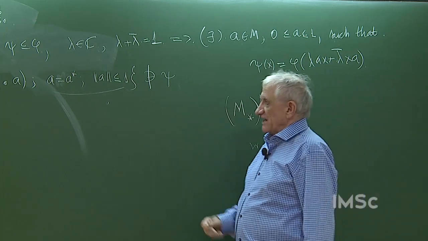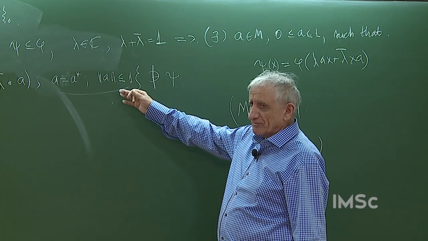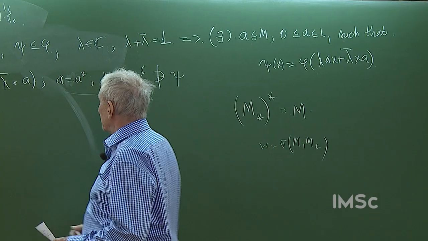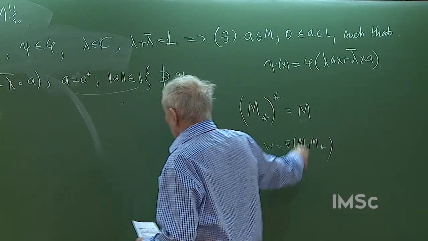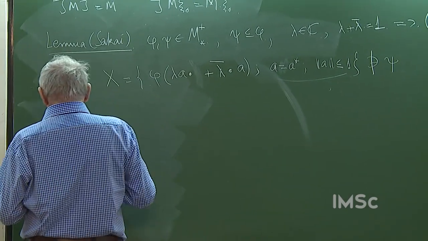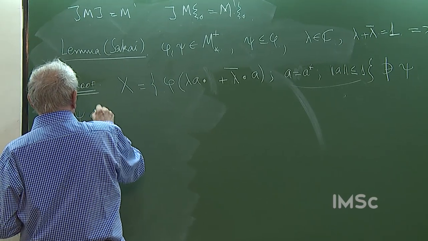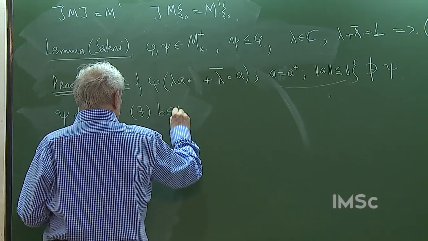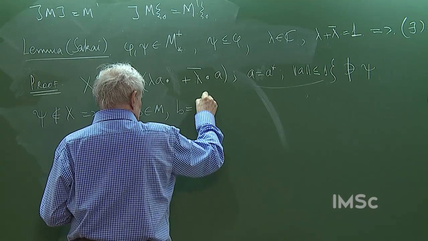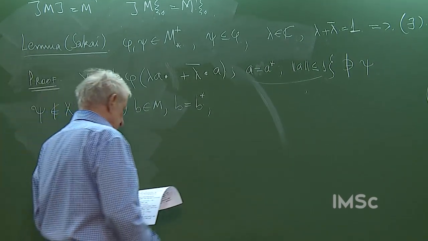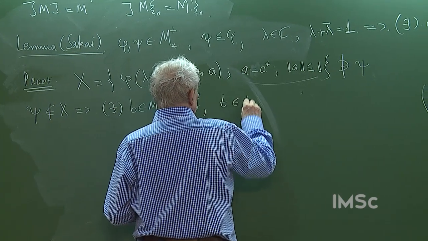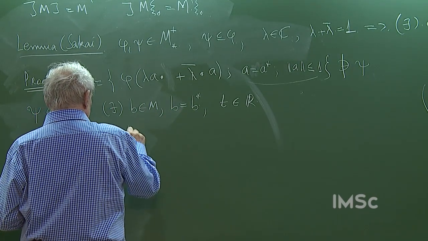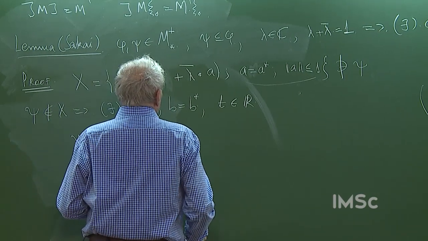So if we restrict this to the self-adjoint part of the von Neumann algebra, by the Hahn-Banach theorem we get a functional, that means an element in M. So if psi doesn't belong to X, then there exists an element B in M, self-adjoint because I restrict to the self-adjoint elements, and a real number T, such that psi of B is bigger than T, while all these things are less.